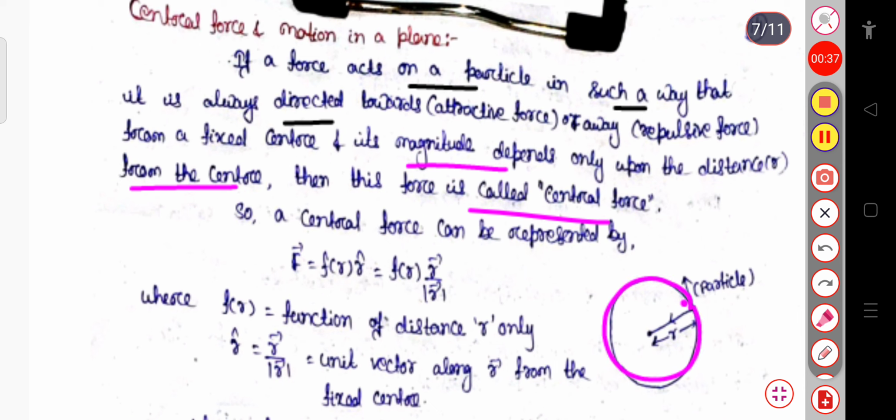When the direction of the force is towards the center of the circle, that force is called the attractive force. Or when the force is away from the center, that is called the repulsive force. And this type of force is called the central force.